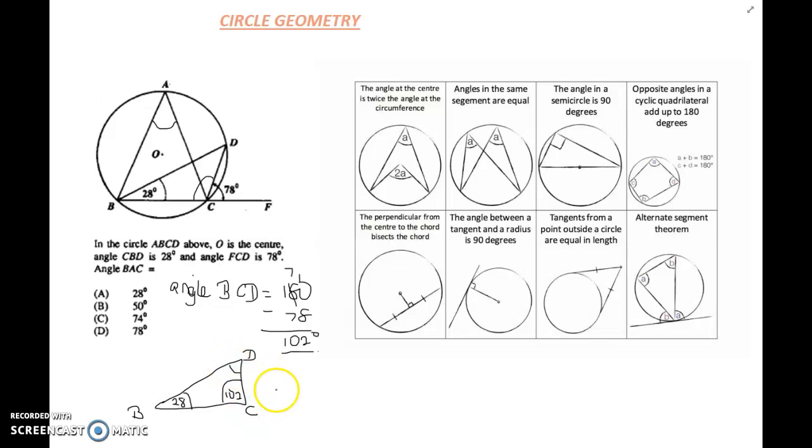Same rule for angles in a triangle, 3 angles in a triangle add up to 180. So now, 102 plus 28, that's 0, you carry the 1, 0 plus 2 is 2 plus 1 is 3, so we get 130.